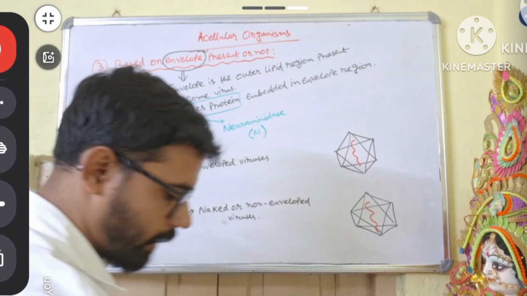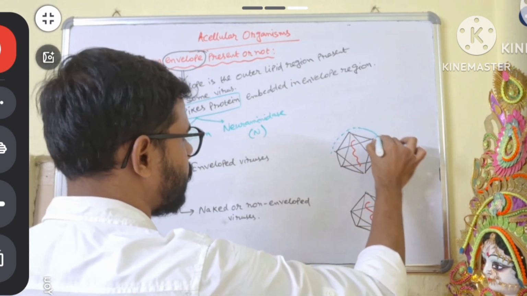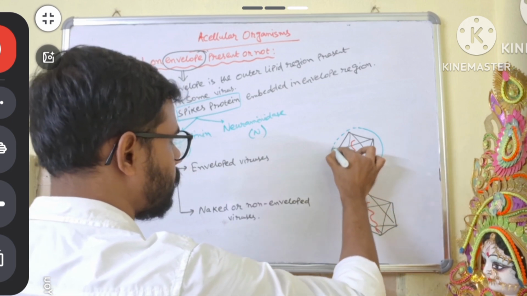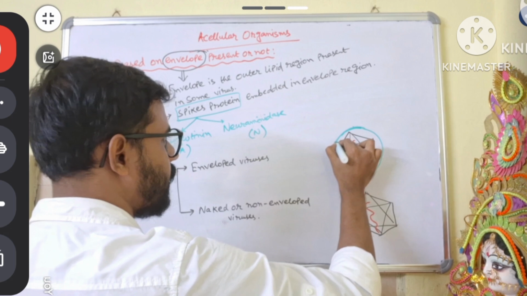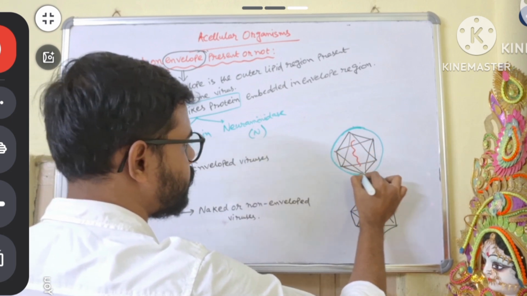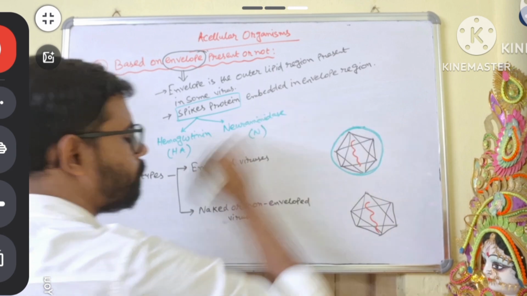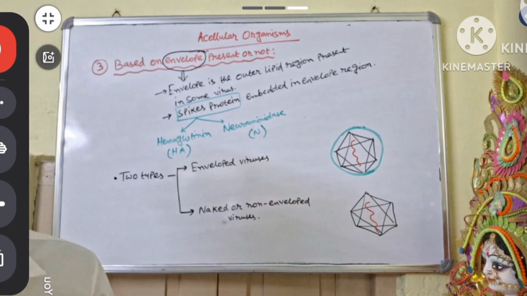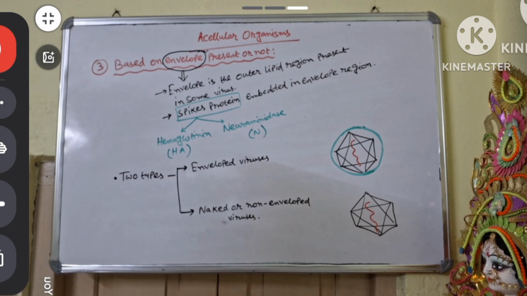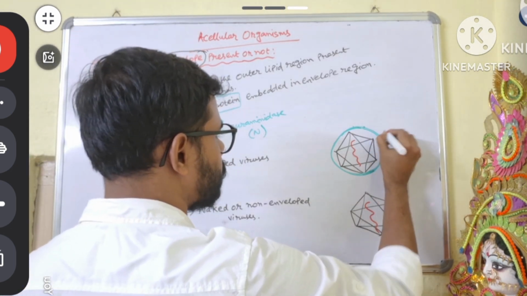Nucleic acid, and outside of the capsid there is another layer. Here it is the green color layer, that is a lipid rich region, and this lipid rich region is called the envelope that covers the whole virus. And inside the envelope some proteins are also embedded.